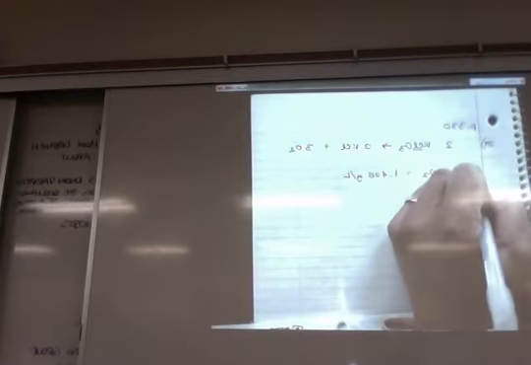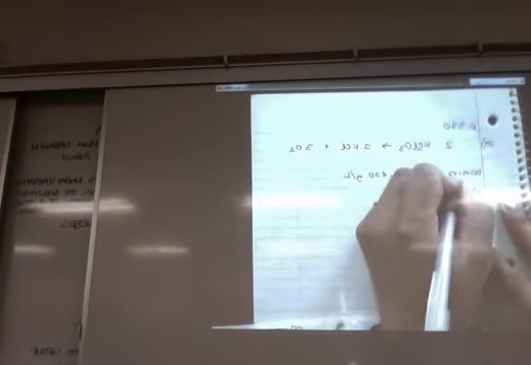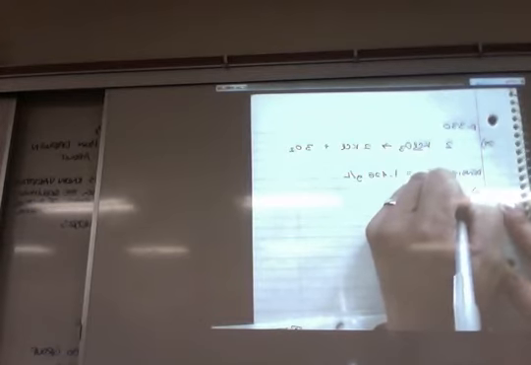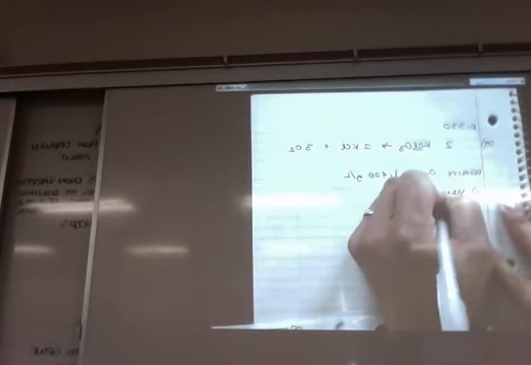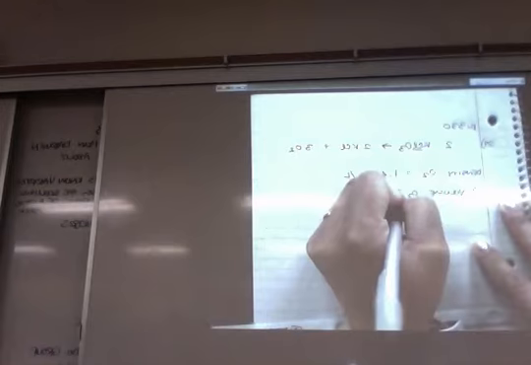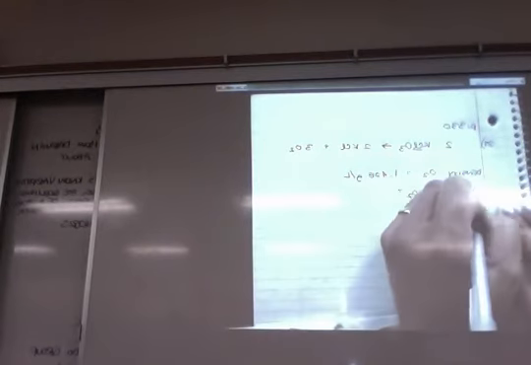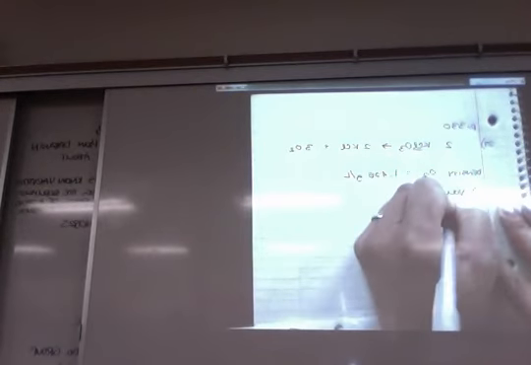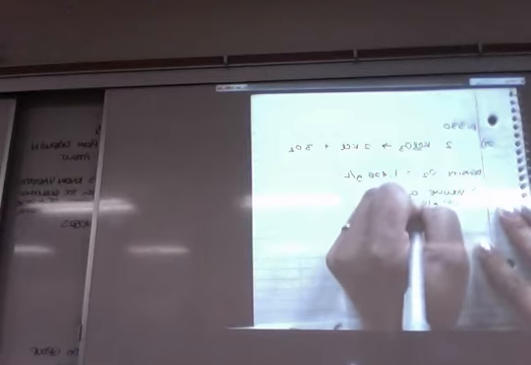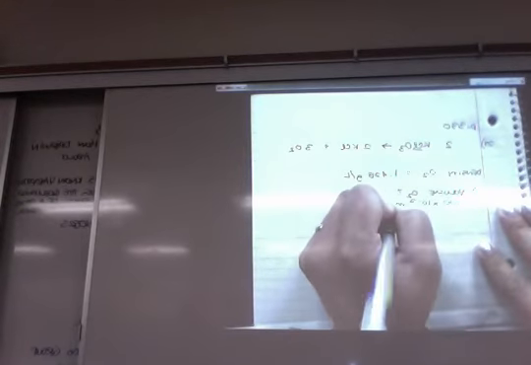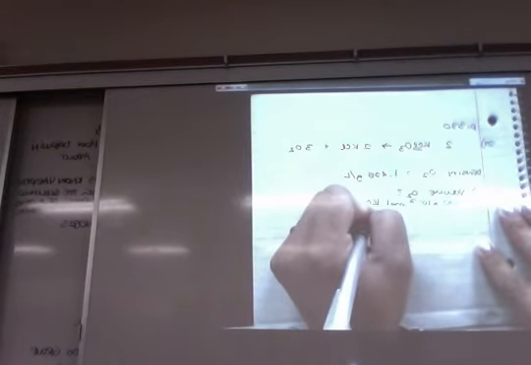So part A wants to know the volume of oxygen if you have 5.00 times 10 to the negative 2 moles of KClO3.